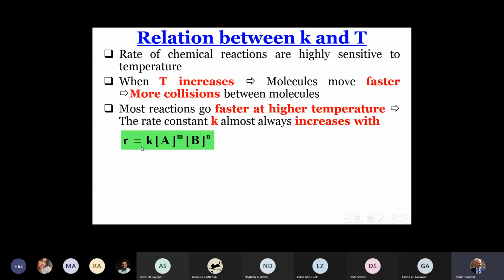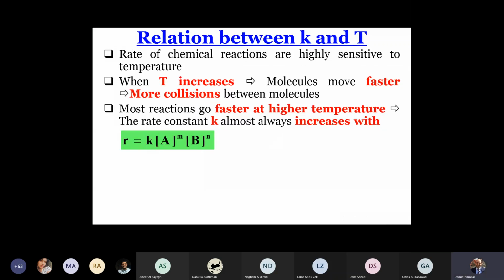The rate law expression is given by rate equals k times concentration of A to the power m times concentration of B to the power n. We said that m and n are the partial orders that explain the effect of the change of the concentration of A and B respectively on the rate of the reaction, and k is a function of the temperature.